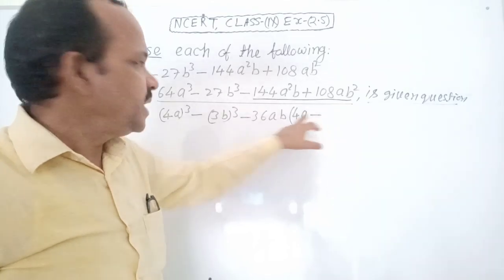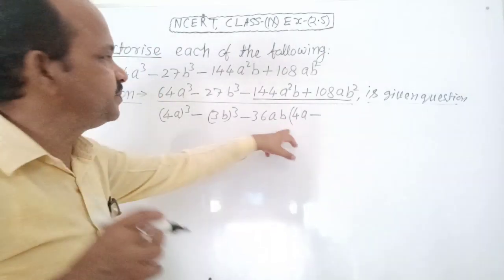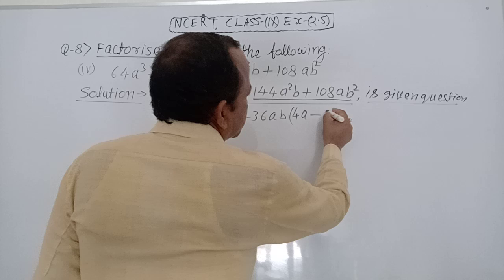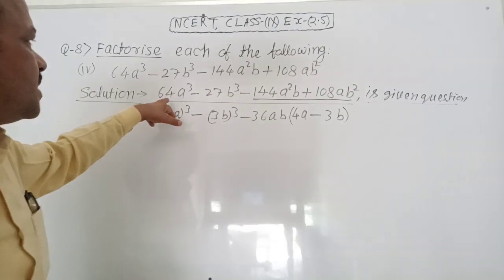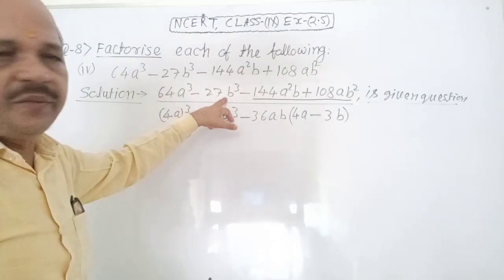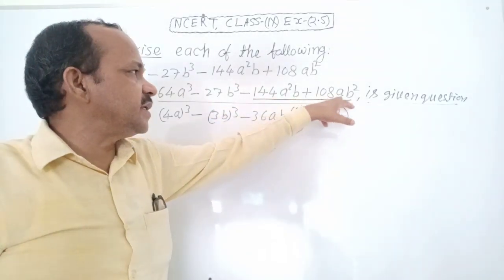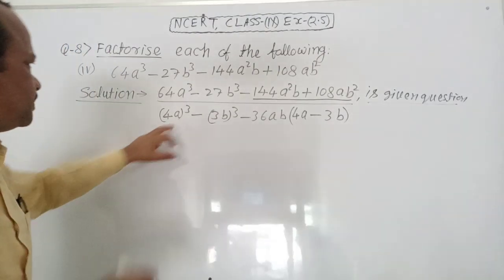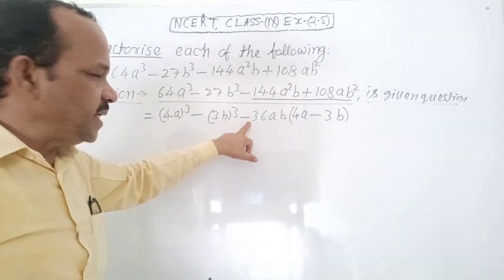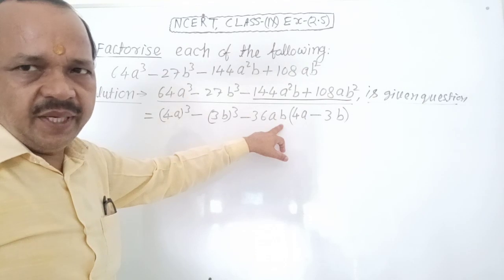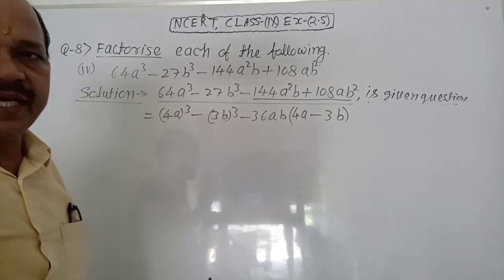No confusion about it. You can write 64a cube minus 27b cube minus 144a square b plus 108ab square equal to (4a) whole cube minus (3b) whole cube minus 36ab common in brackets (4a minus 3b) brackets close. It is clear, no confusion about it.